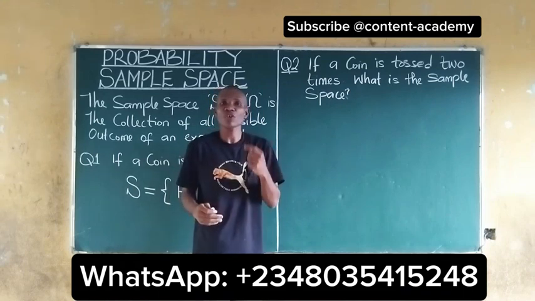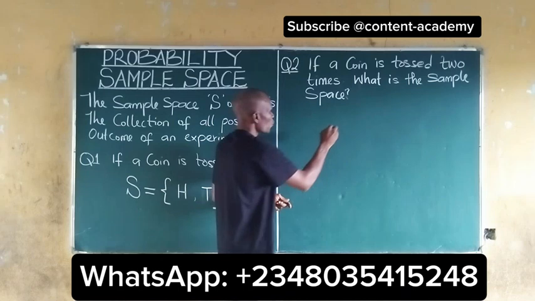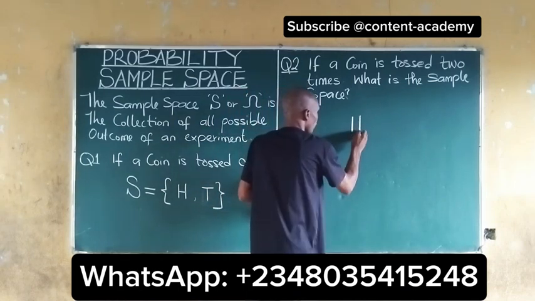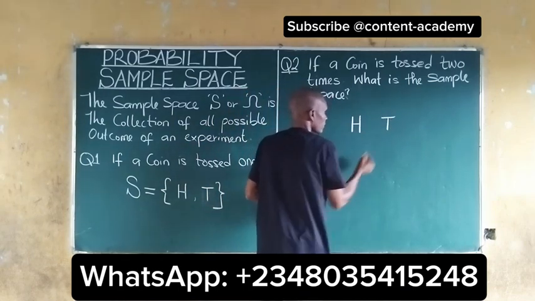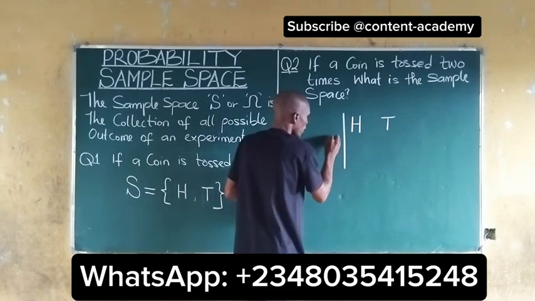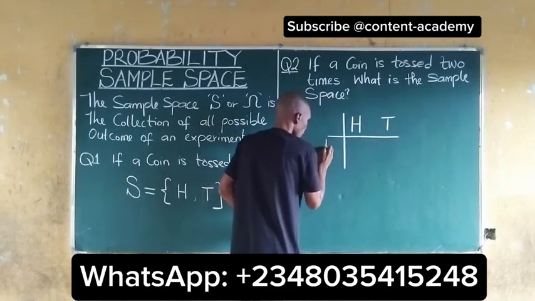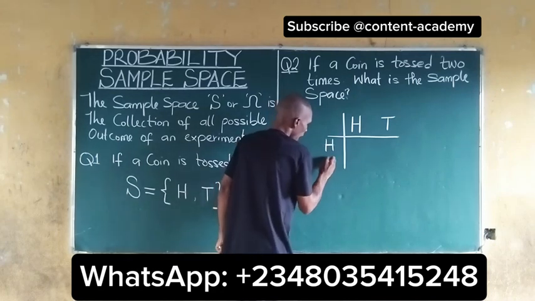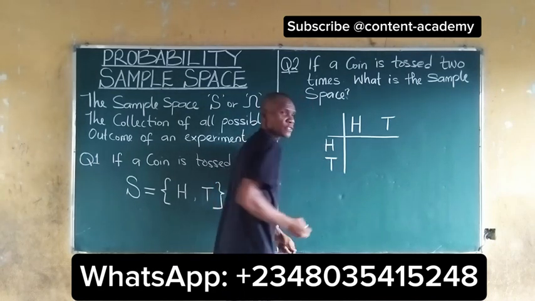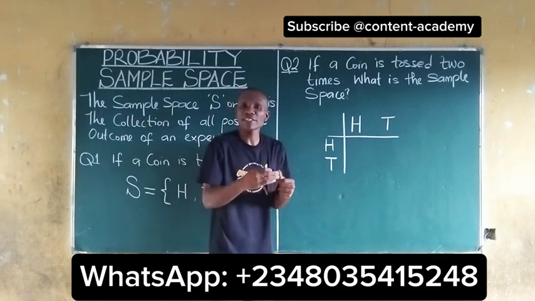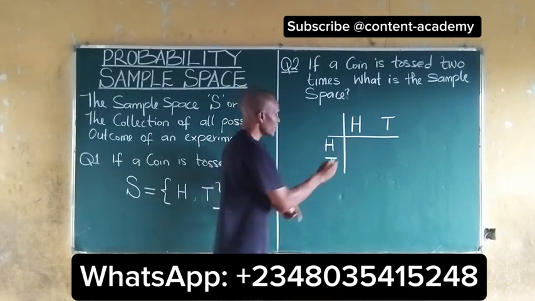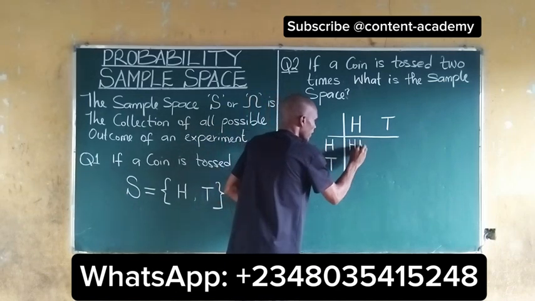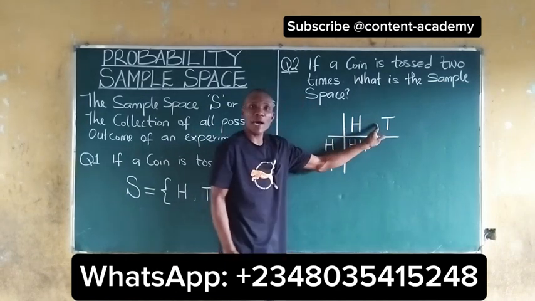So if we toss 2 coins at a time, we will either get first the head and tail, or the head and tail. So how do we get the sample space? Of course, we combine these.